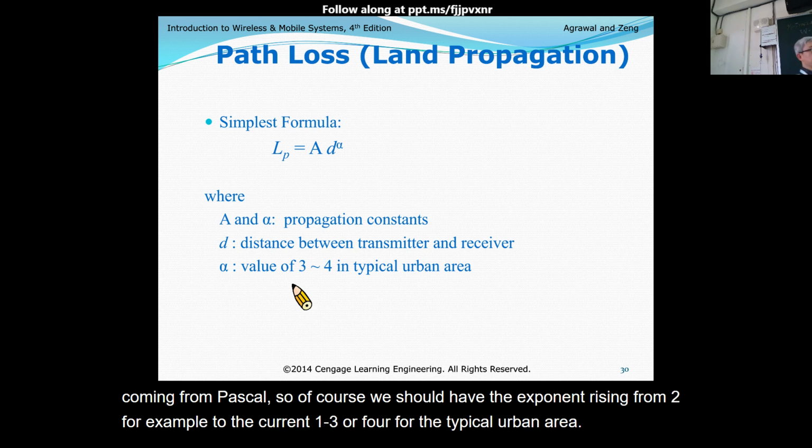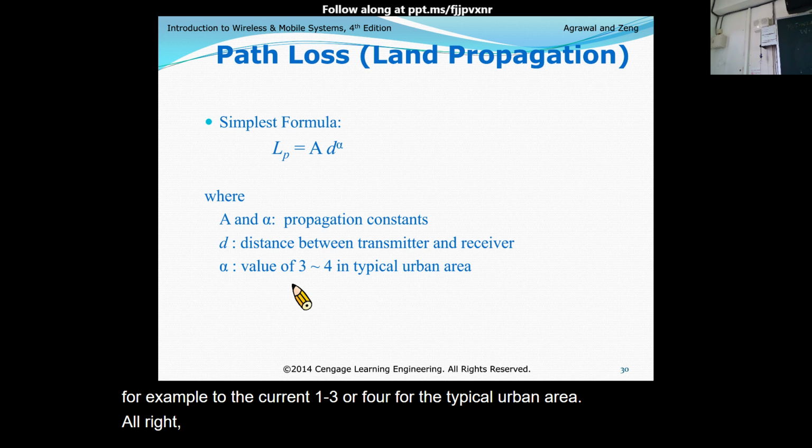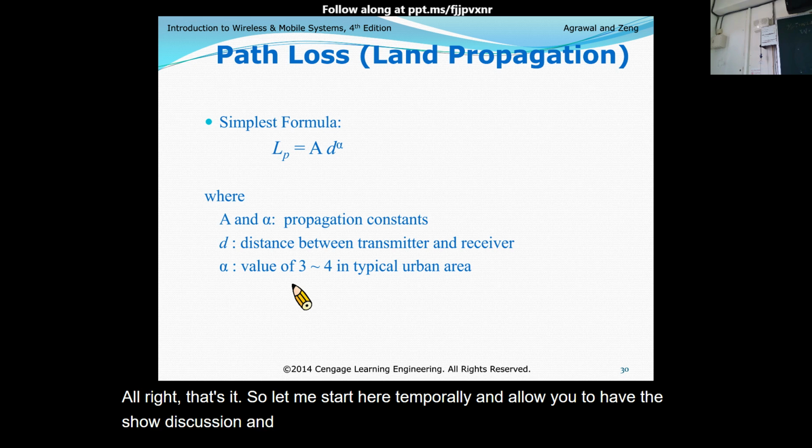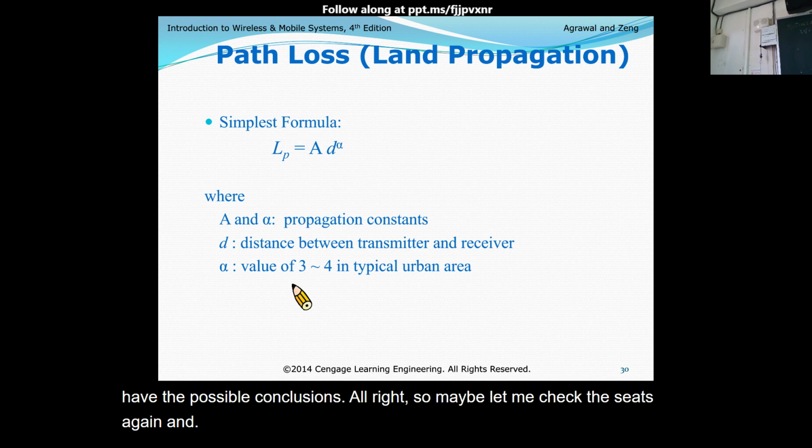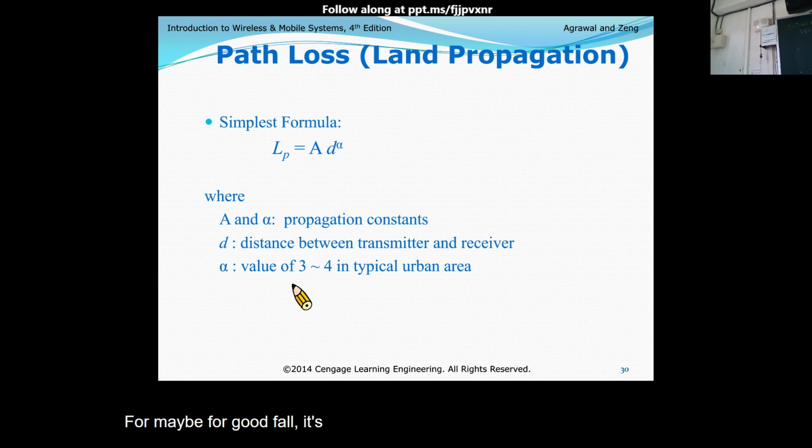All right, that's it. So let me stop here temporarily and allow you to have a short discussion and thinking about what we have reached and how we have the possible conclusions. All right, so maybe let me check the seats again. For group 4, it's okay, just get closer. No problem, no need to change.